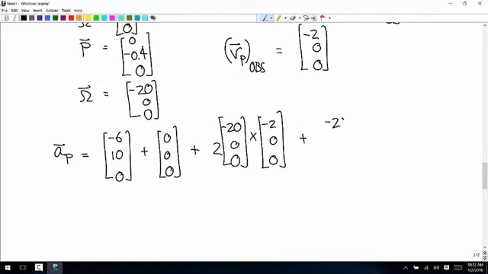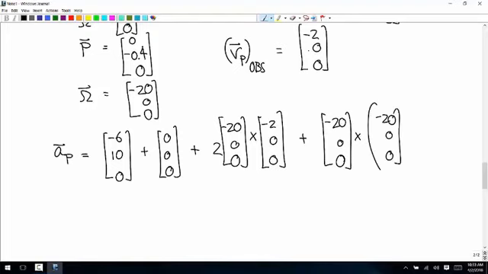Plus capital omega crossed with the quantity capital omega cross P, so 0, negative 0.40. The third term goes away because if you take a cross product of two parallel vectors, it's 0.